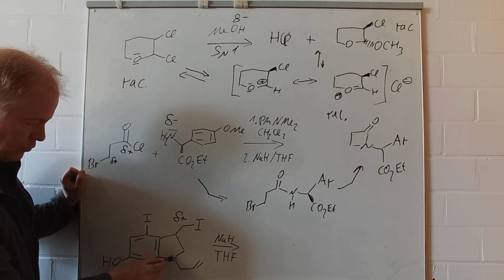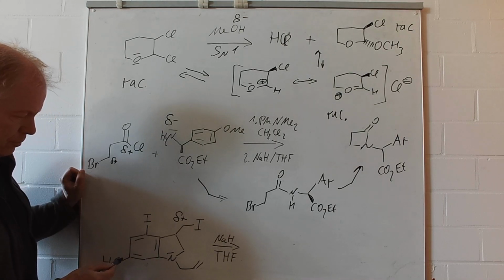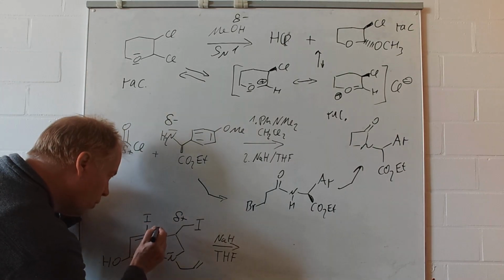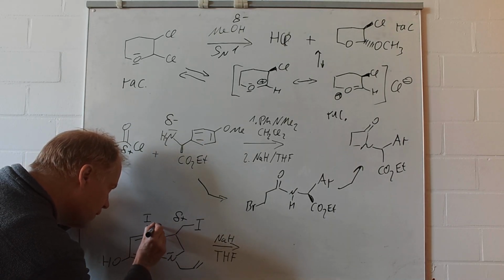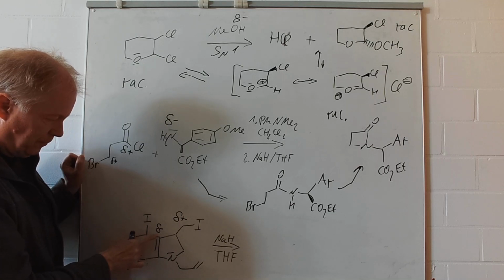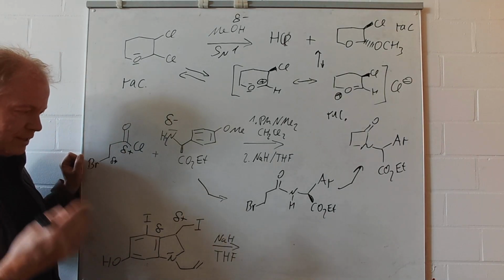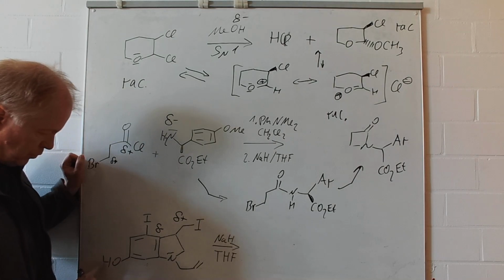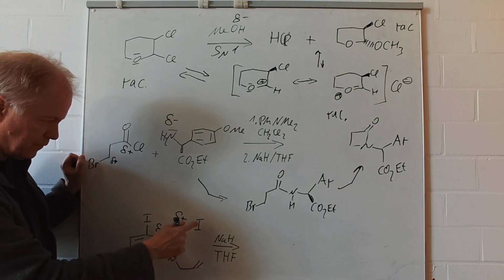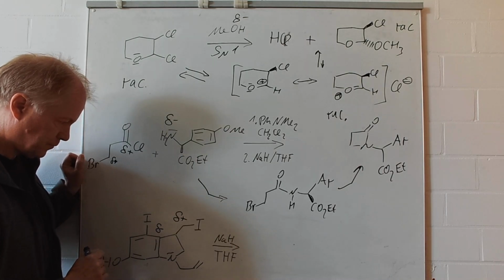This nitrogen with its free electron pair will also activate ortho and para position. Overall, we have a slight delta minus here, but we can increase it by deprotonating that OH group here with a sodium hydride.